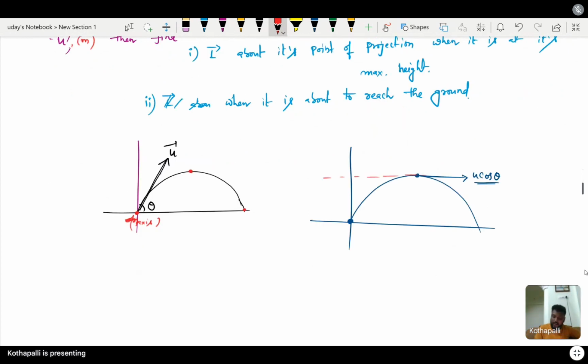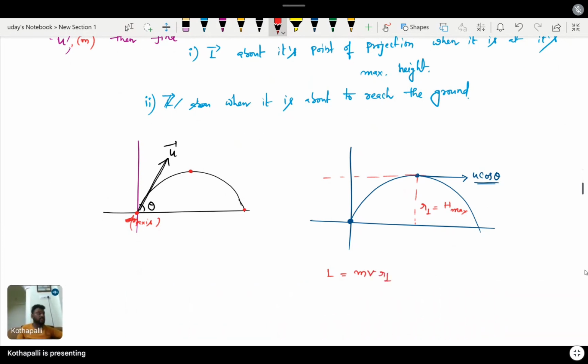Think. And the perpendicular distance, what is this perpendicular distance? Maximum height. For angular momentum, I can say that m v r perpendicular. mv is what? Velocity at that instant. r perpendicular is what? Maximum height. So L will be m into u cos theta into maximum height.